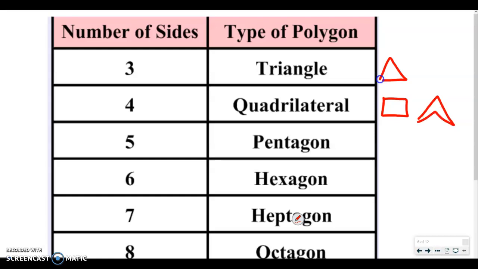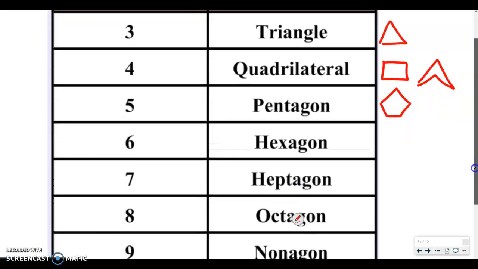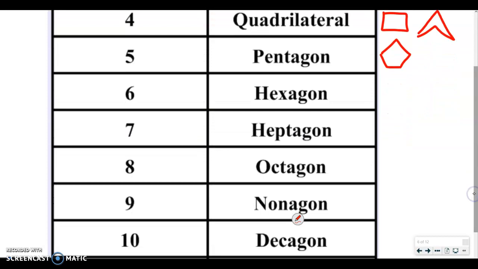It's got four sides, it's a quadrilateral. Five-sided figure is a pentagon. Again, it just needs to have five sides. It could be concave or convex. There could be a point pointing inward. Six is a hexagon. I'm going to stop drawing those as it gets more difficult with more sides, but you can draw those out.